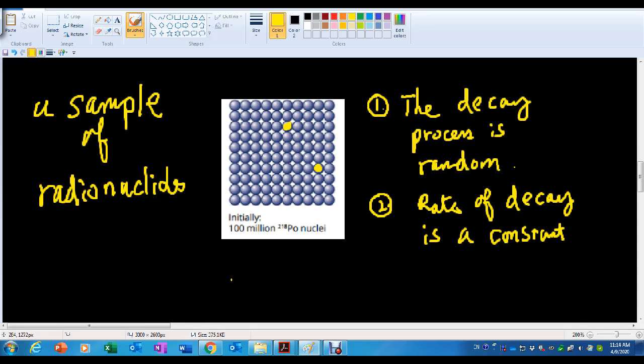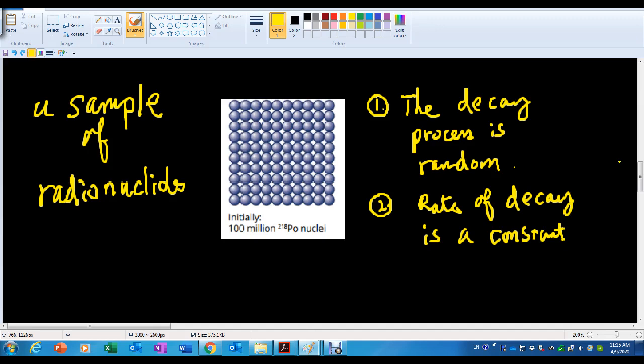We don't know, but there must be two out of the total going to be decayed. And the time for these two out of the total number of radionuclides getting decayed is a constant. So that's basically the idea.